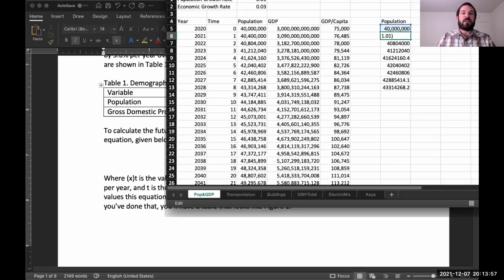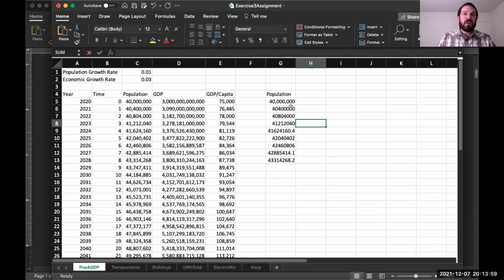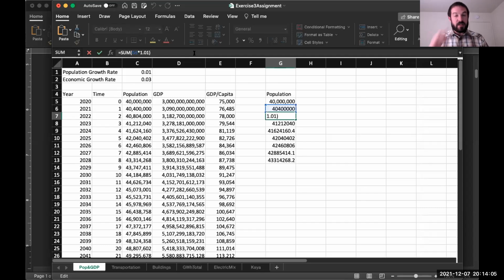So the reason that this works is that I've basically said, okay, for this second cell here, take 40 million, multiply it by 1.01, and then multiply that product by 1.01.